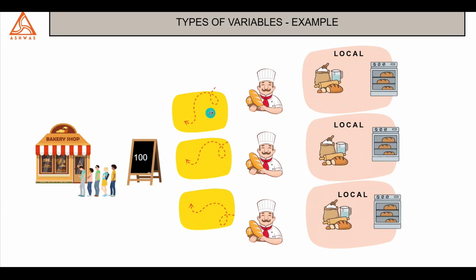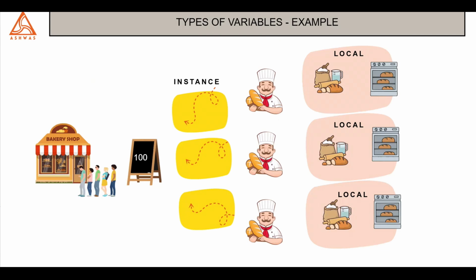So the first baker's data is 30. The second baker's data is also 30, while the third baker's data is 40. So this is the instance variable for you, where every instance, every object has its own values in the variable. And every object gets its own copy of the instance variables in a class.